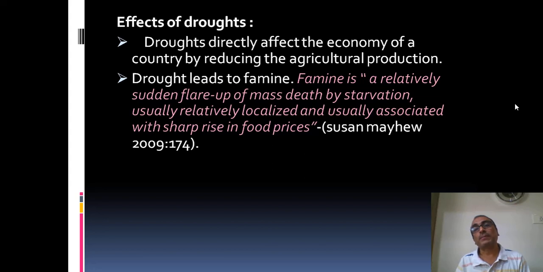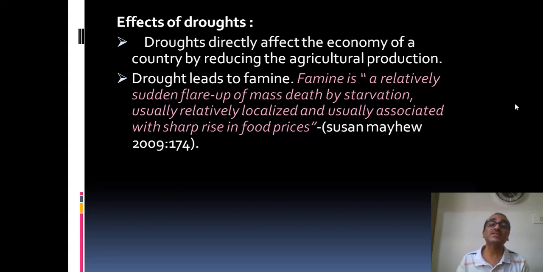Drought leads to famine. Let us define famine. According to the scholar Susan Mayhew, famine is a relatively sudden flare-up of mass death by starvation, usually relatively localized and usually associated with a sharp rise in food prices.